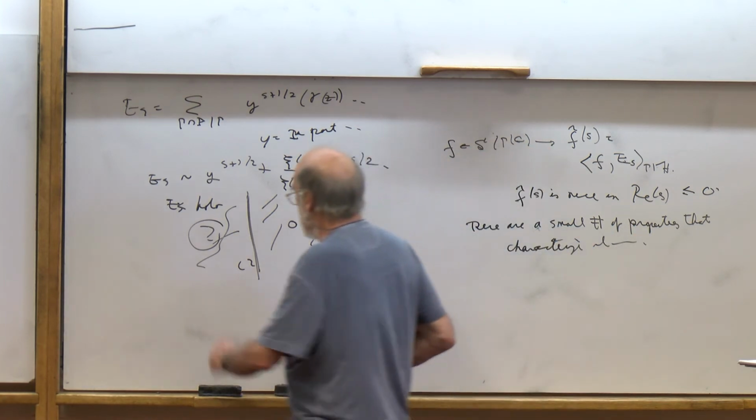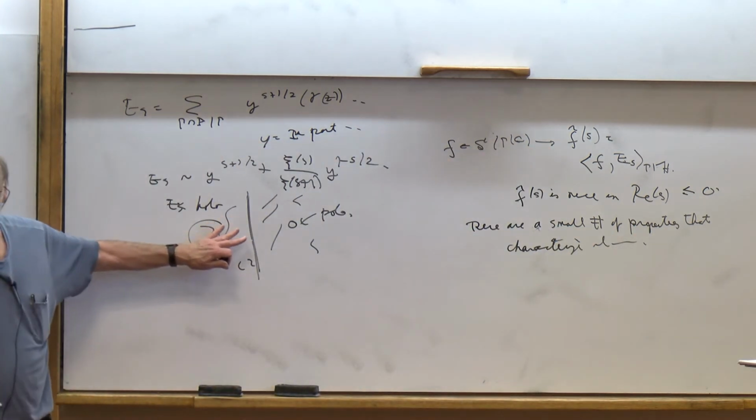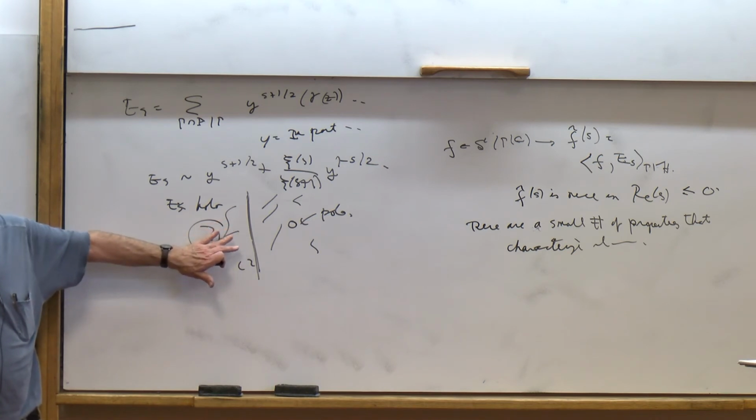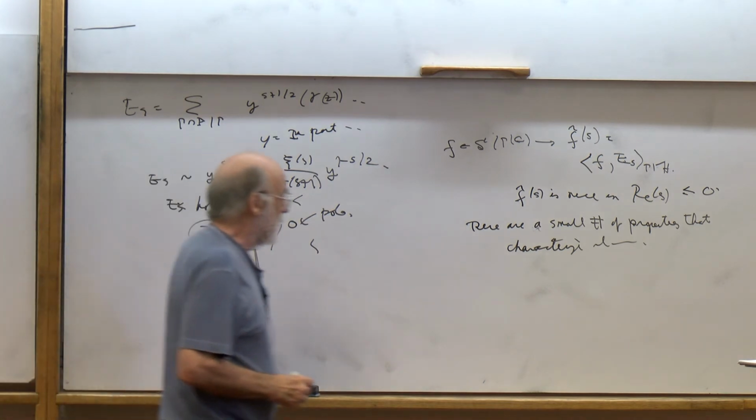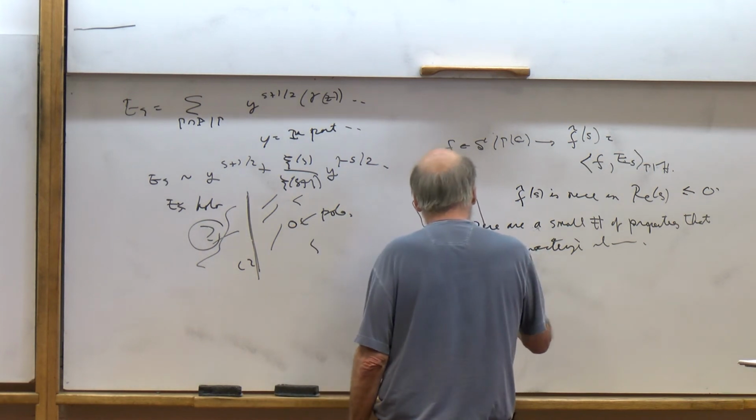I won't tell you what they are, except that none of them have anything to do with the Eisenstein series to the left of real part equals 0. So the point is that the inverse Fourier transform is very simple.